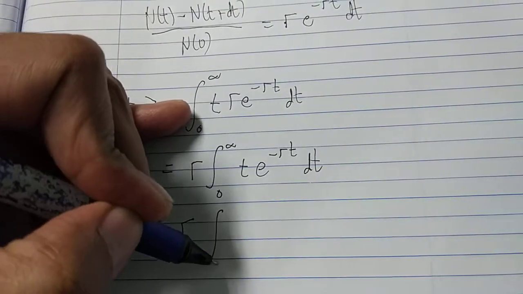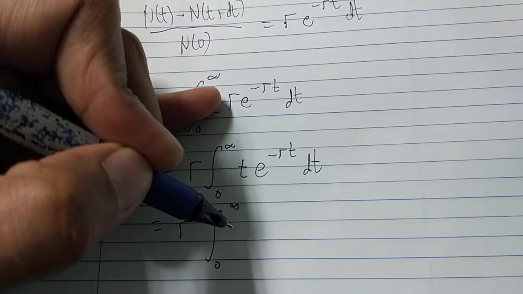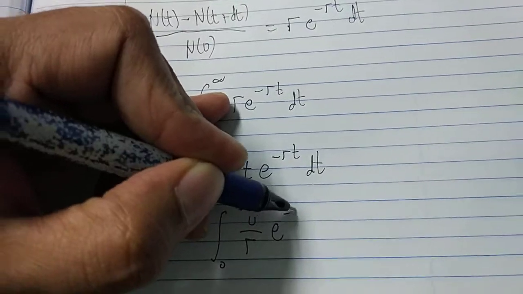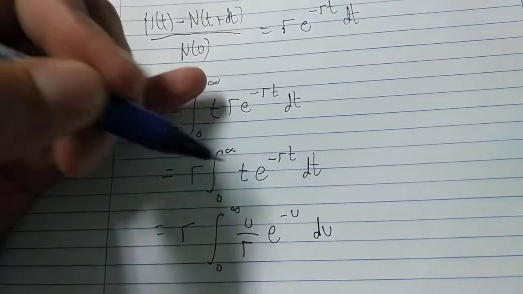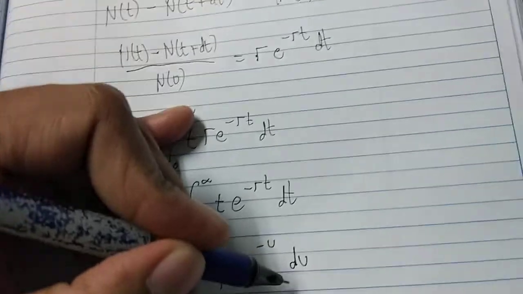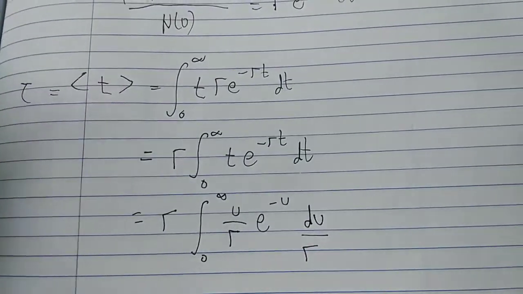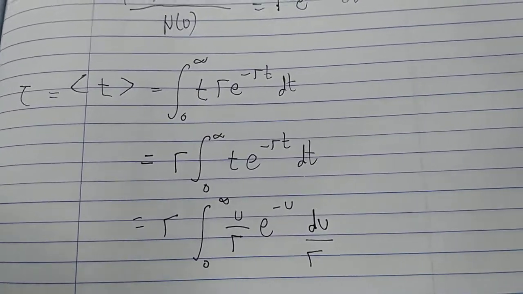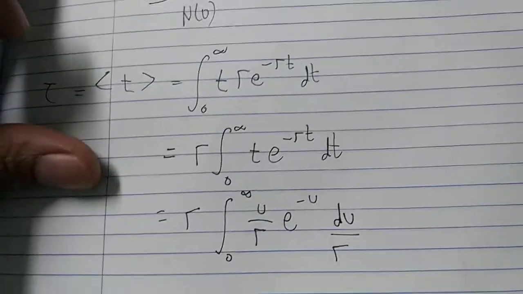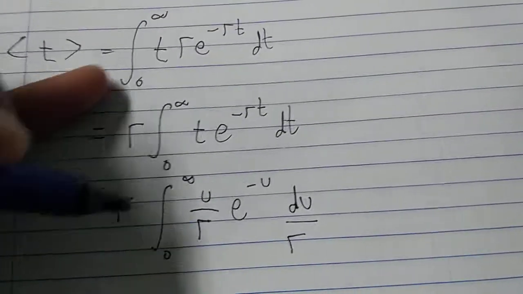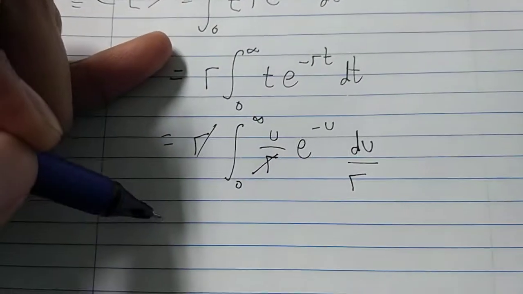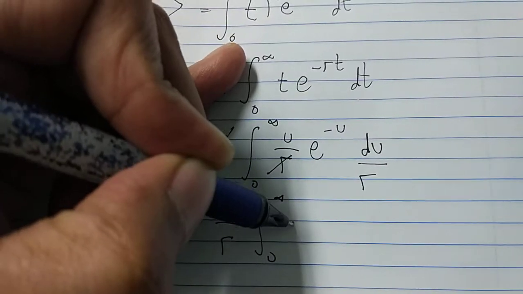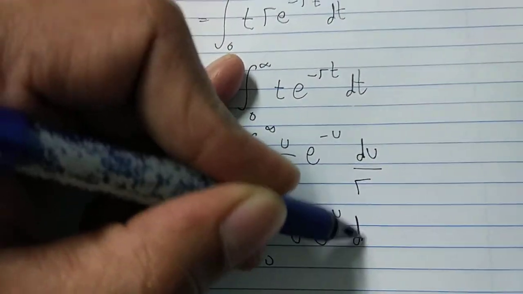Let gamma t equal u, so t becomes u over gamma, and dt is du over gamma. One of the gammas will cancel, which gives you 1 over gamma times the integral from 0 to infinity of u e to the minus u du.